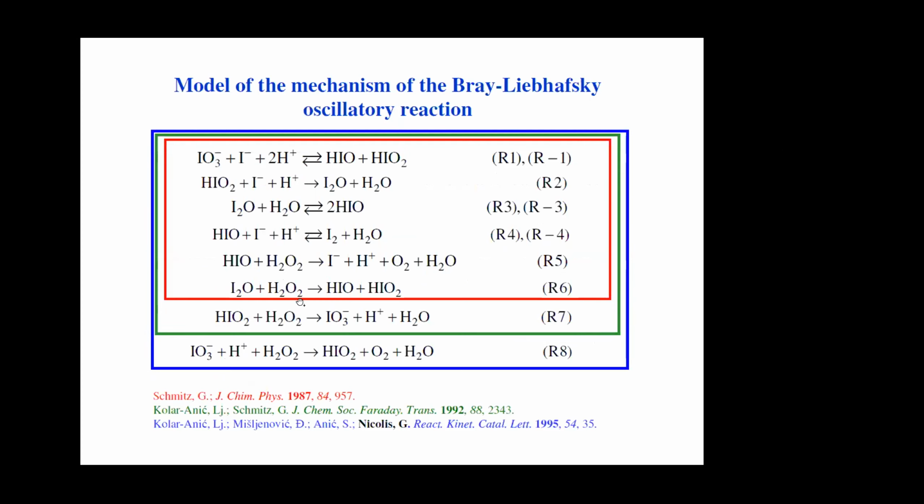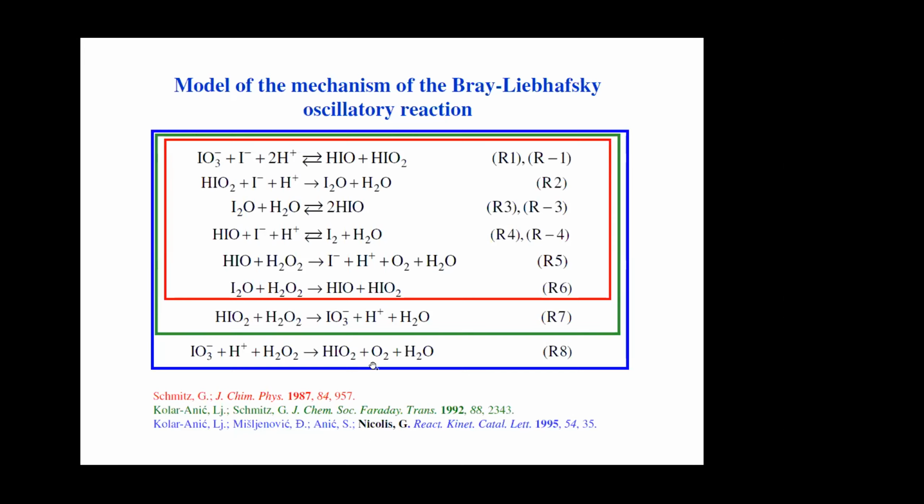You can see 6 reactions, where 3 of them are reversible ones. The model with 1 more reaction is in the green frame, and the model with 8 reactions is in the blue frame. Gregor was co-author of the model with 8 reactions.